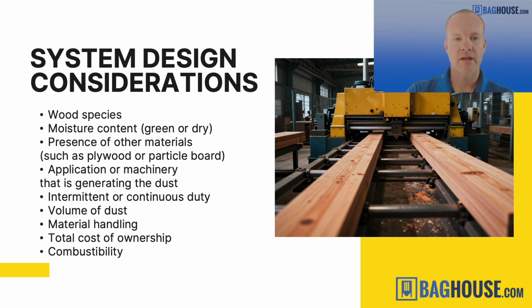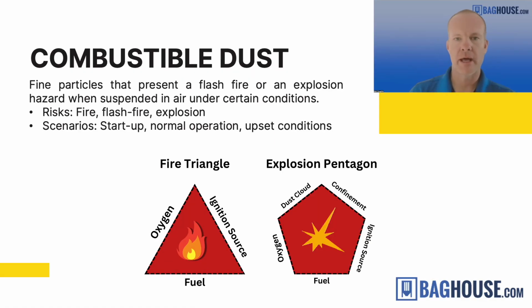And then, of course, we've got the combustibility factor, and I'll talk about that on the next slide a little bit. So if you go to NFPA standards, they're all referenced in your OSHA requirements. But basically, if you have combustible dust present in fine enough particles, you have the three elements of the fire triangle in a wood shop.